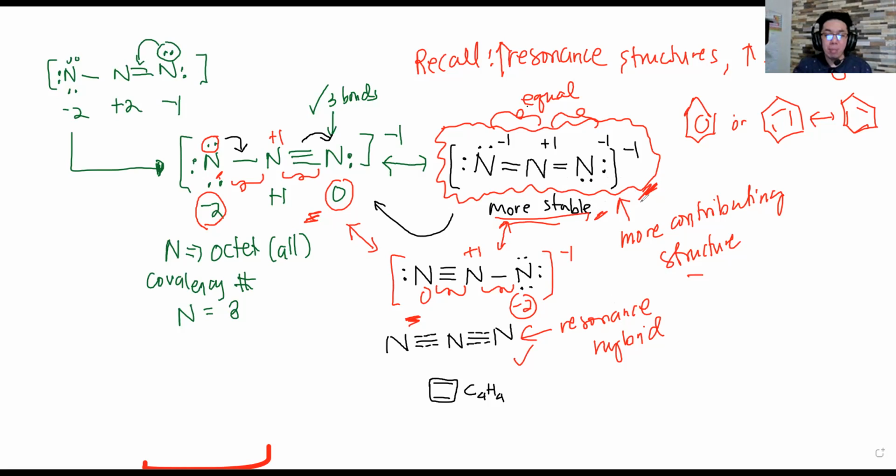The more contributing structure will be your structure. This is it. But aside from that, you need to have these structures as well. So are we clear here? Why is this our main answer? You're right on that. But your problem is you didn't get these two. You thought it was uneven, uneven muscles. I laughed at that analogy.